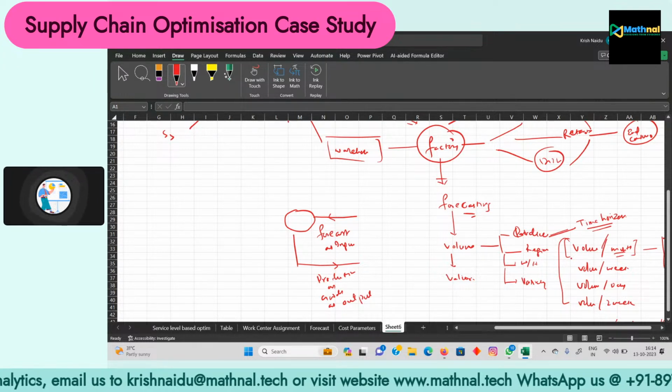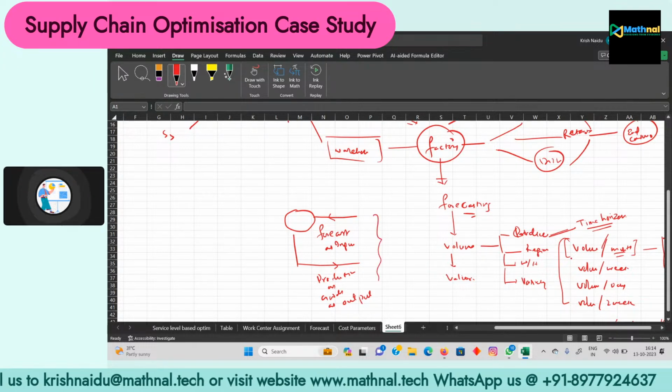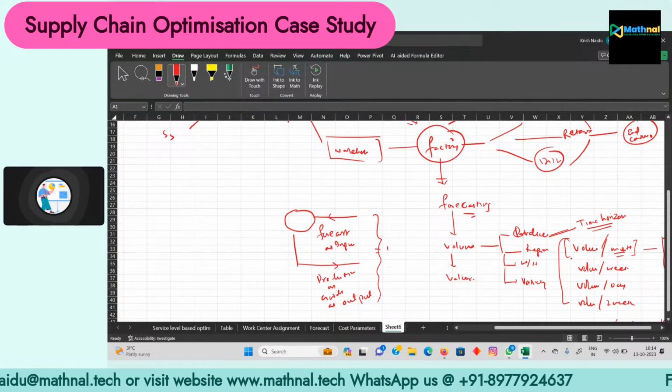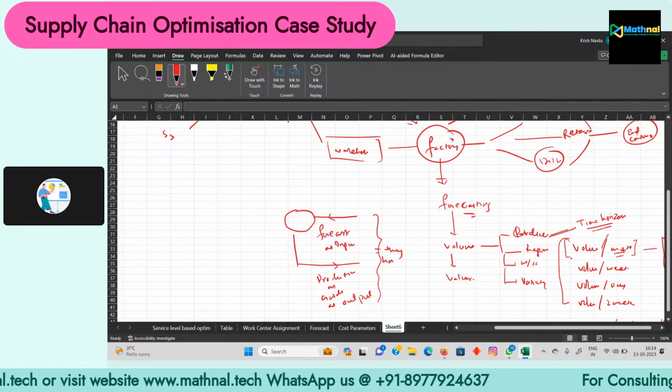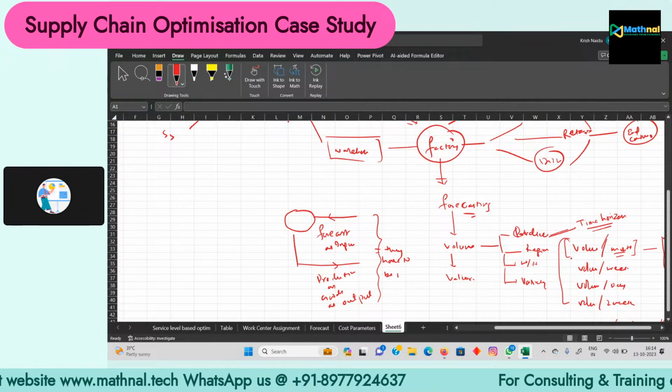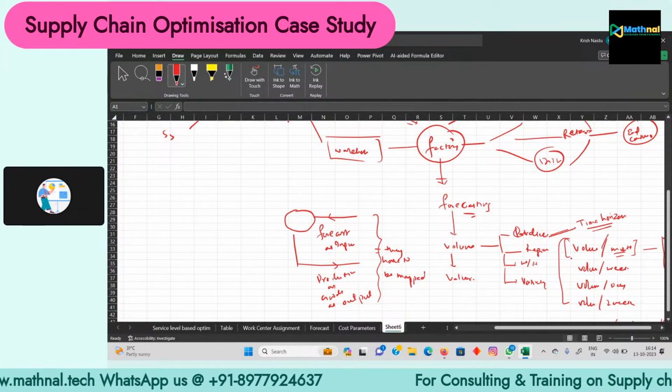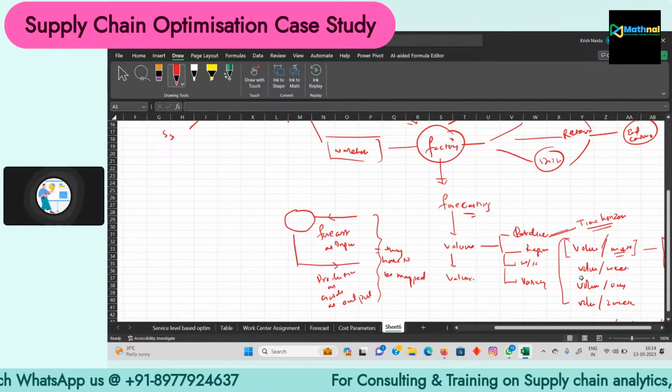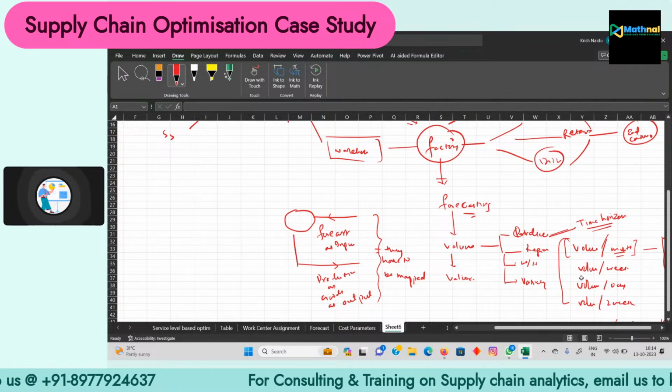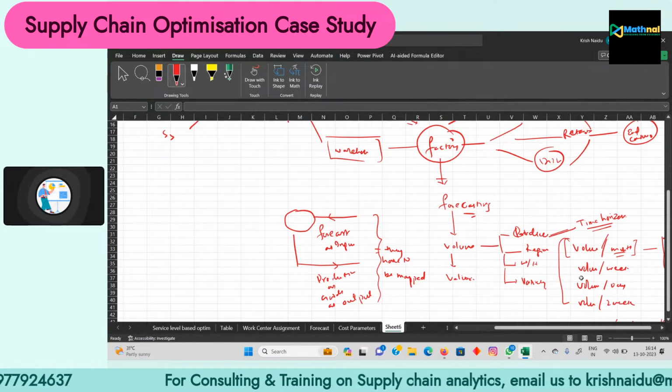So my forecast and my production, they both have to be mapped.